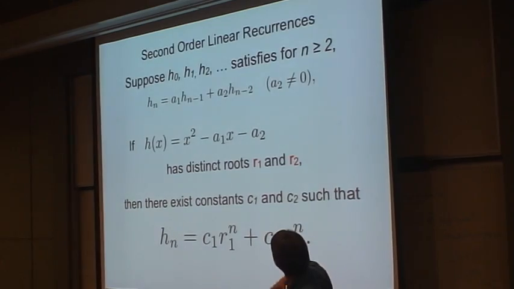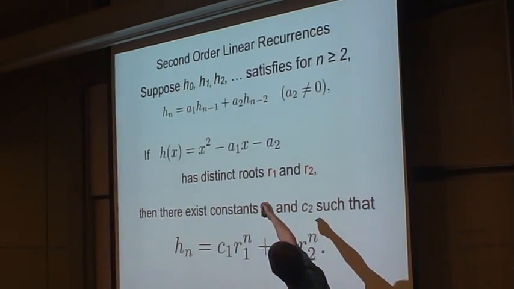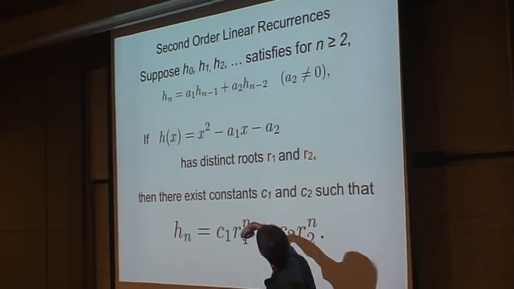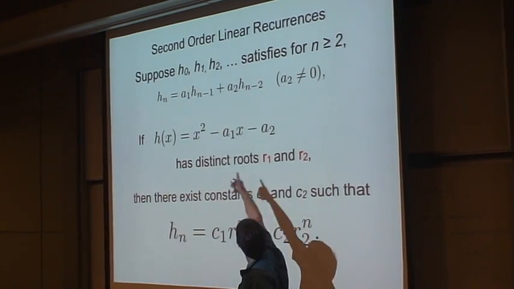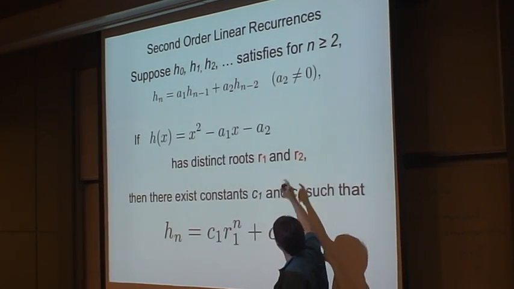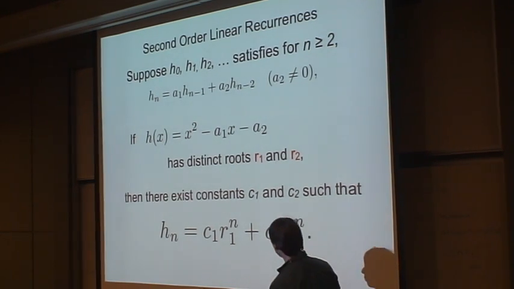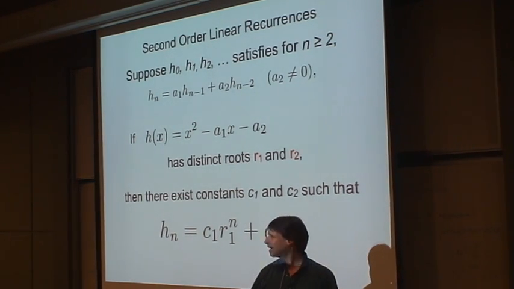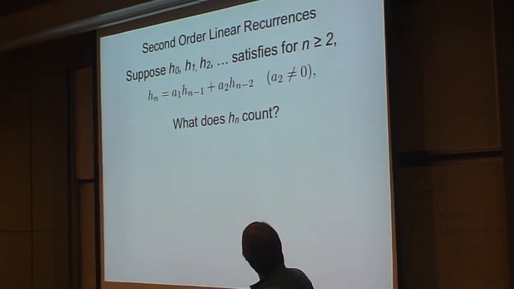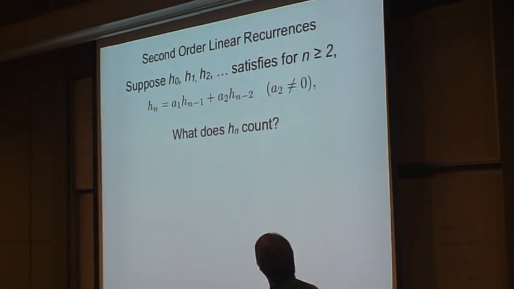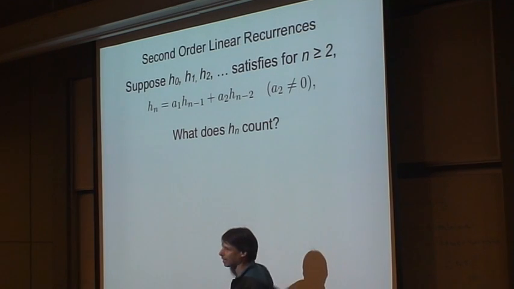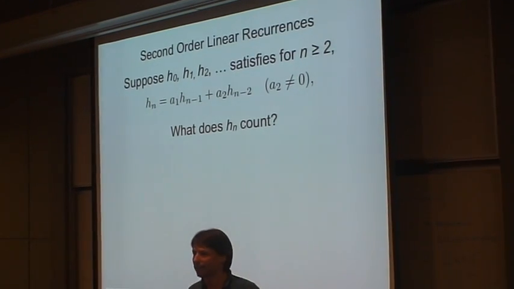So a second-order recurrence looks like this, with coefficients a1 and a2. There's the characteristic polynomial. Okay, let's say it has distinct roots, r1 and r2. I want to show that its closed form looks like that. Now, since we're going to do this combinatorially, when you see a recurrence that looks like that, you ask, what's it counting?